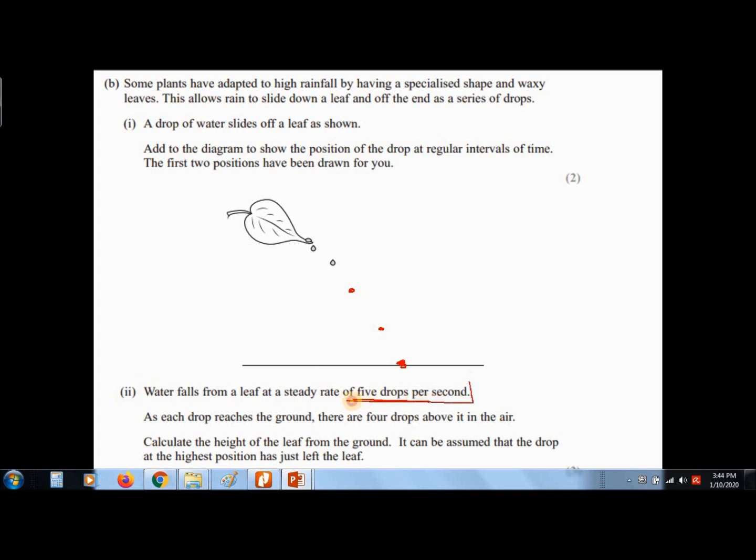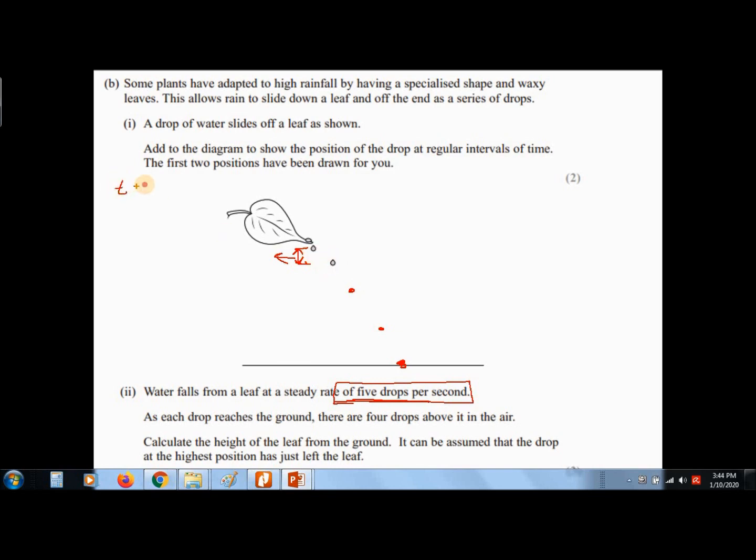This information is given so that we can find the time for fall of one drop in one interval. That means, let's suppose from here to here, this is the first interval. So how much time will this drop take to reach the next position, and this is the time for one drop in one interval.